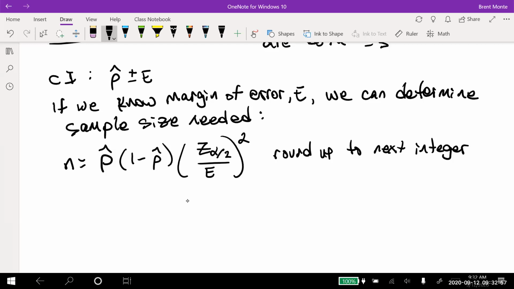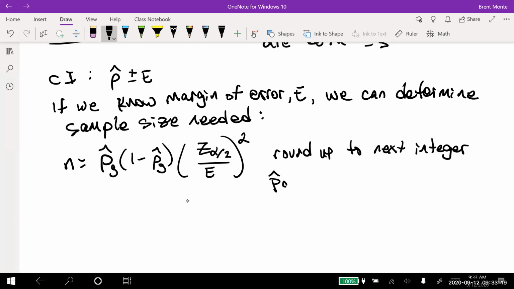Now, one problem with this is we're trying to figure out a sample size, but to get the sample size, we need p hat. Well, p hat is the sample proportion once we've already taken the sample. So we don't have access to p hat. So what we do is this: p hat has to be some guess.